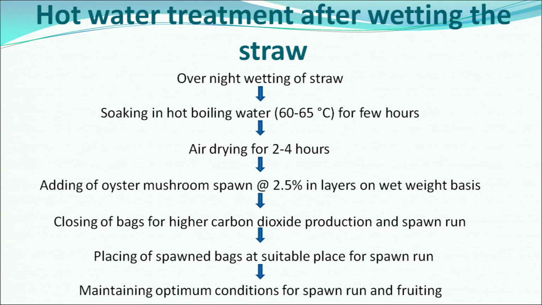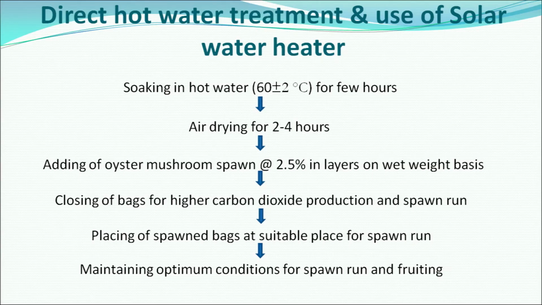Here the hot water will help in breaking down the lignocellulosic part, and that will help in mushroom mycelium spread. Then direct hot water treatment, here the hot water comes directly, there is no need for pre-wetting. Here we can use a solar heater type of system, and soak the straw in hot water at 60 plus or minus 2 degree centigrade for a few hours, followed by air drying again for 2 to 4 hours.